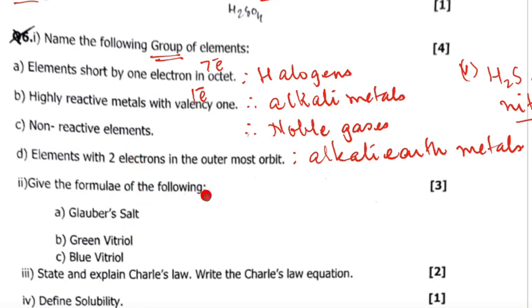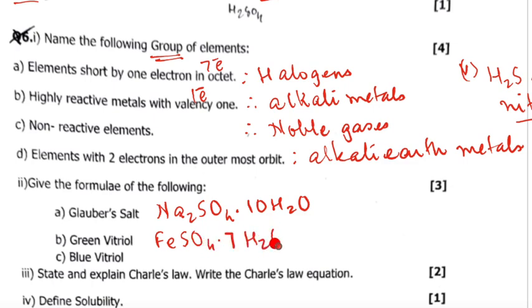Give the formula for the following: Glauber salt, green vitriol, blue vitriol. What is Glauber salt? It is sodium sulfate. So it is Na2SO4.10H2O. It has water of crystallization. Green vitriol is FeSO4.7H2O. And blue vitriol is CuSO4.5H2O.